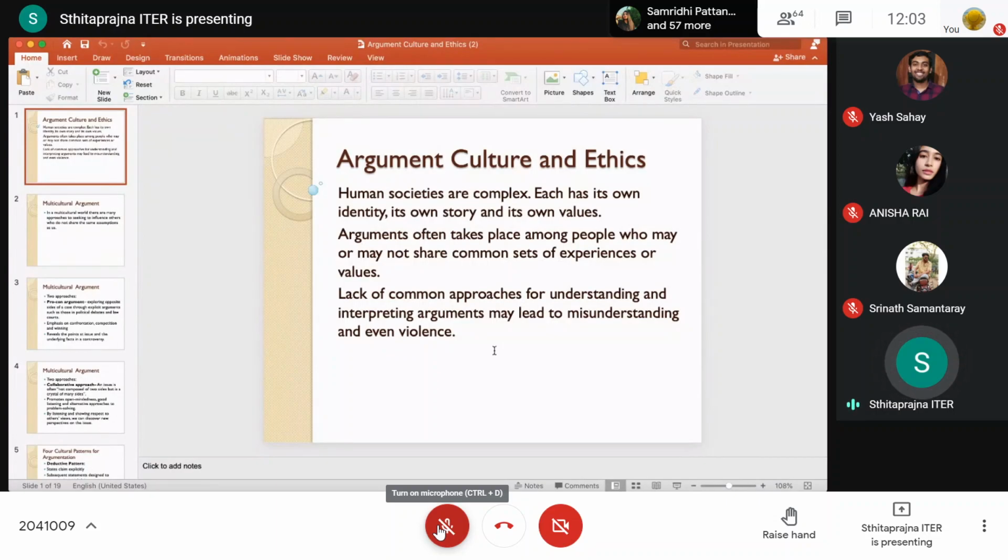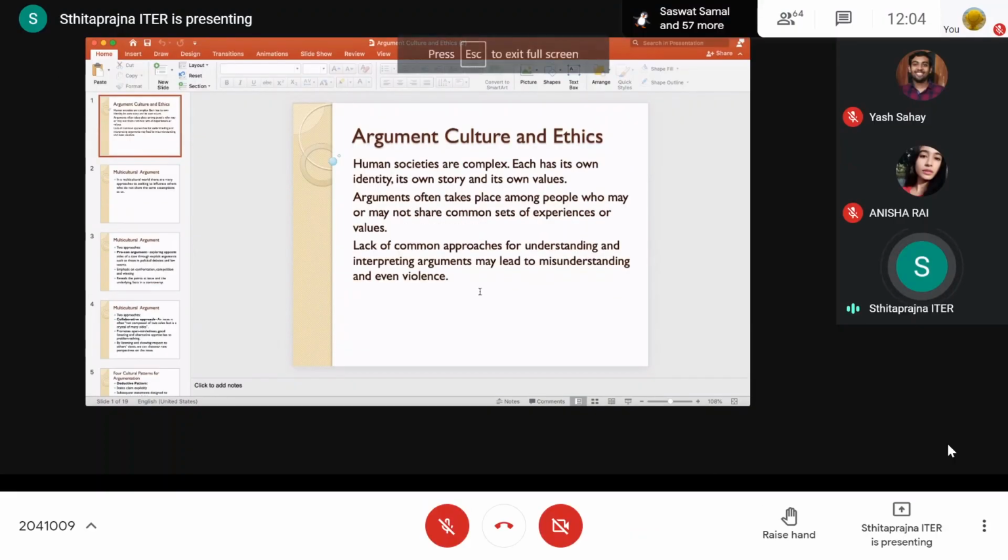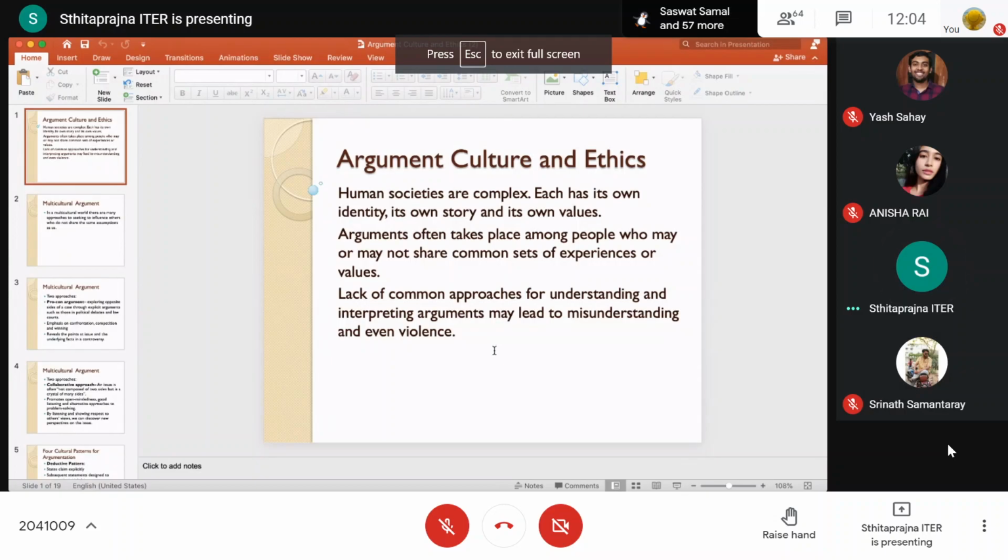So arguments which take place among people with a differing cultural background or differing set of experiences and values might tend to be misplaced because of a lack of common approach for understanding. And this might lead to misunderstanding and misinterpreting arguments, which could often lead to violence.